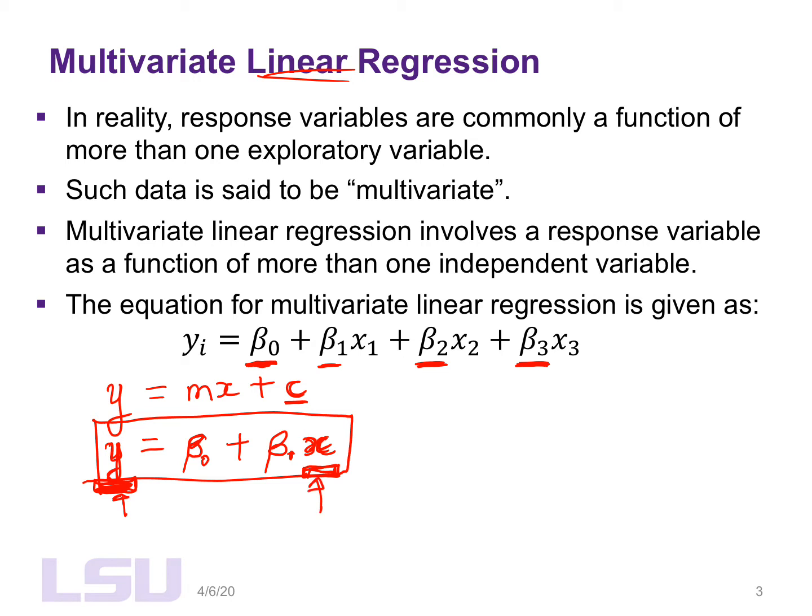We typically would have multiple independent or exploratory variables. And when you have multiple independent variables, the regression you perform is said to be multivariate. Multivariate, meaning multiple variables. So it involves multiple variables, not just two.